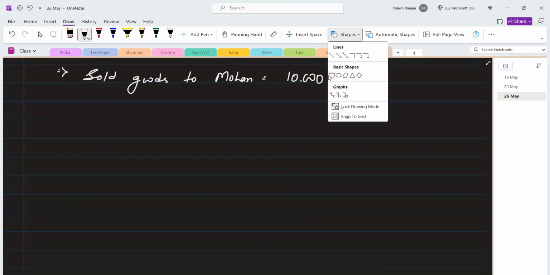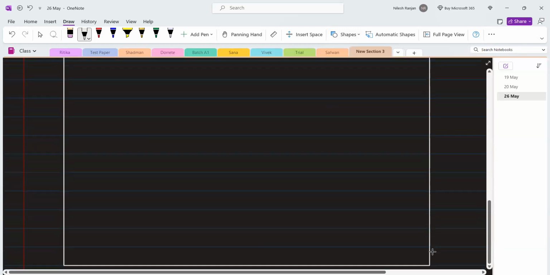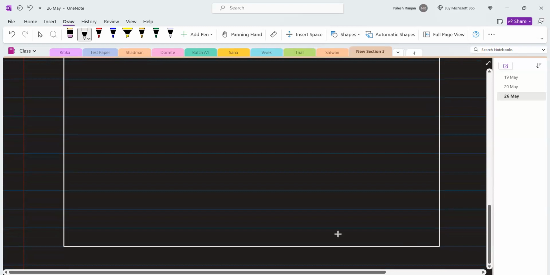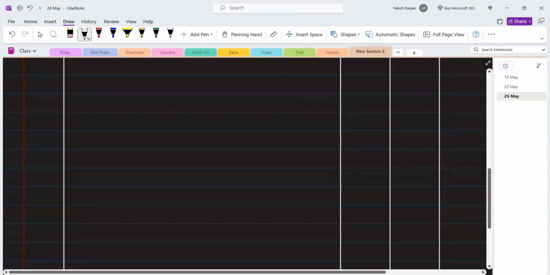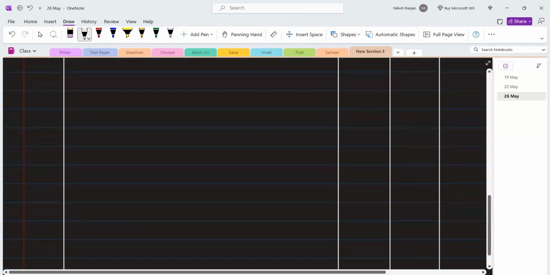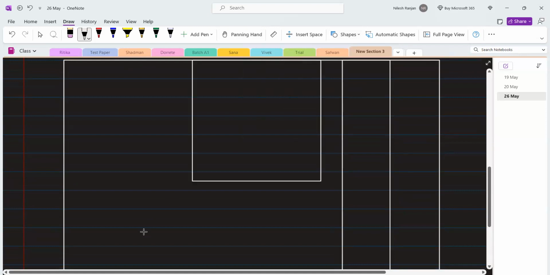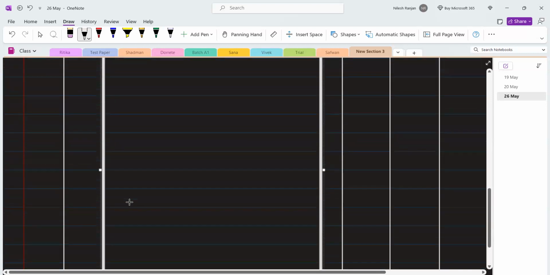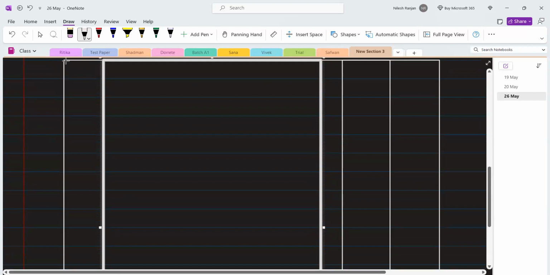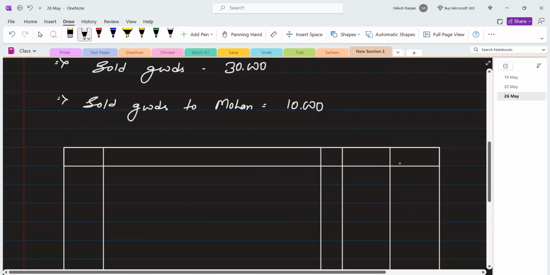So I'm creating the format here. Okay, so it is the format.